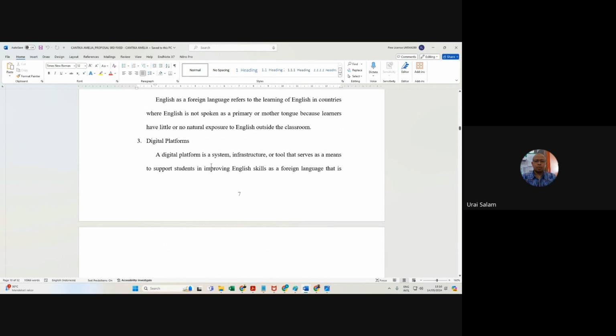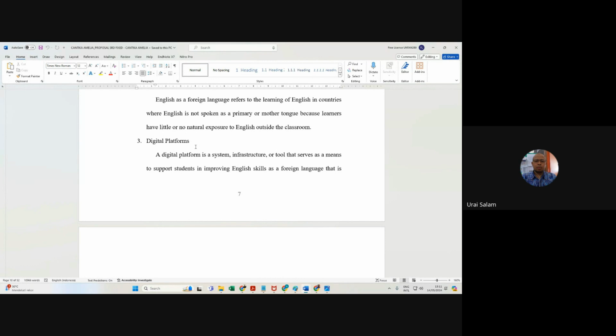For the digital platform, you can say, for example, any activities that are related to the use of mobile phones and the use of electronic media, like computers or pads, and the like.